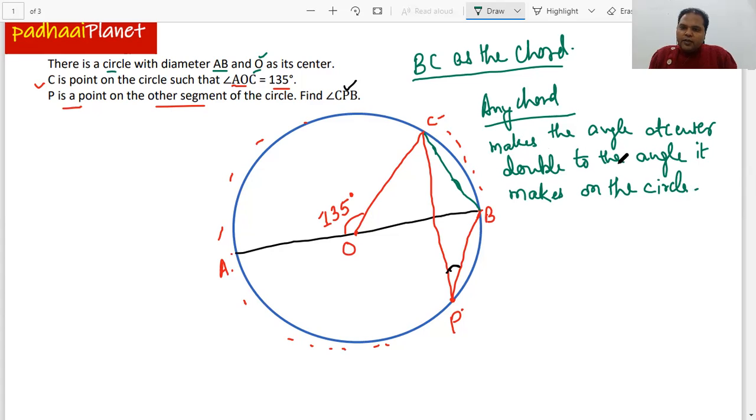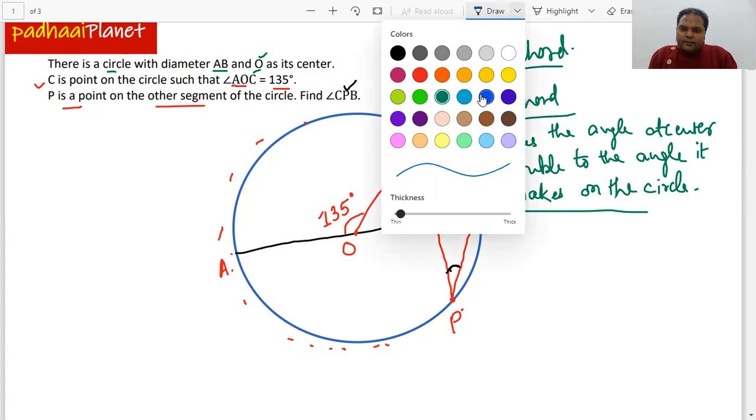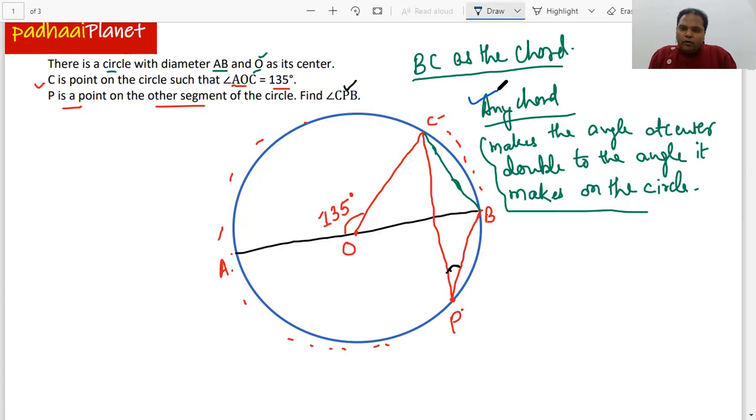Let's also see what this entire thing really means. So what it means is that any chord, so we are talking about BC, makes an angle at the center. So chord BC is making this angle at the center, right? It's subtending, the other word which we say, is that the chord BC is subtending this angle at the center.